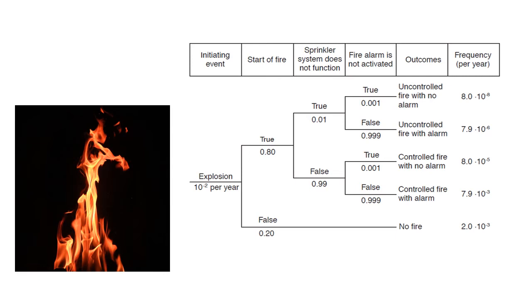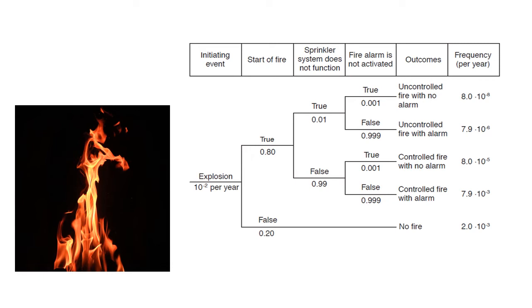So if we go with only true and false of the events, we can get the outcomes in a qualitative manner. But if we also look at the probability of occurrence of each event, we can get a quantitative result.